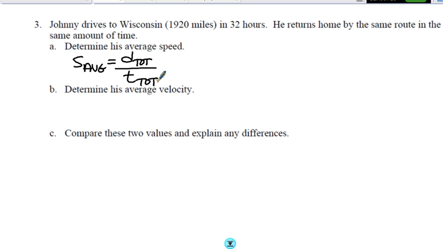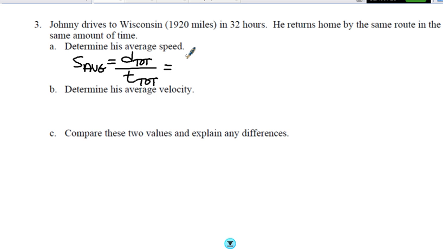So the distance does not depend on the direction. So the fact that Johnny turns around and goes back, he's still adding to the total distance that he traveled. So the total distance is 1920 miles plus 1920 miles.